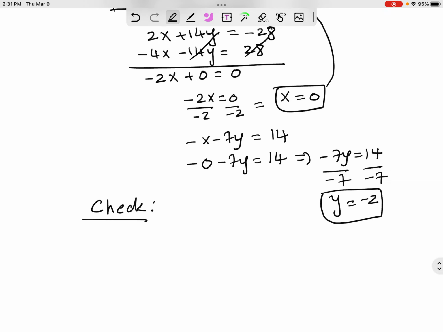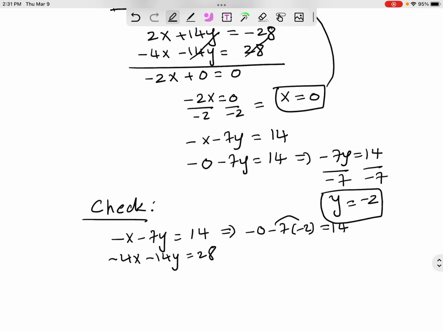Both of my equations are -x minus 7y equals 14, and -4x minus 14y equals 28. So let's plug in x equals 0 and y equals -2 here. So -7 times -2 equals 14. Negative times negative is positive, so 14 equals 14, so it works here.